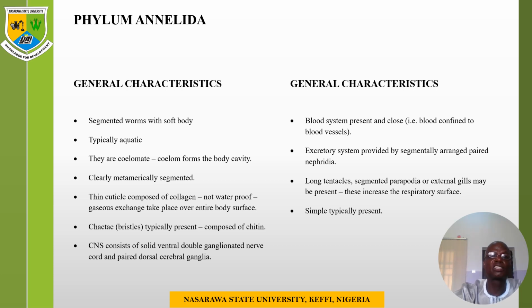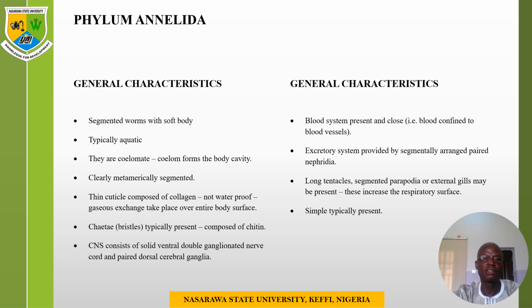Another group of the animal kingdom is the phylum Annelida. The annelids are segmented worms with long bodies. They are typically aquatic. They are also coelomates. The coelom forms the body cavity.